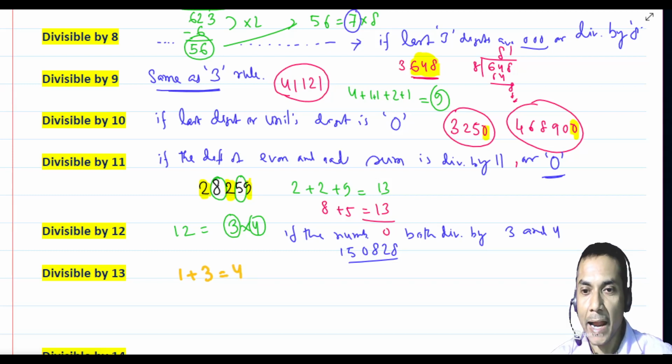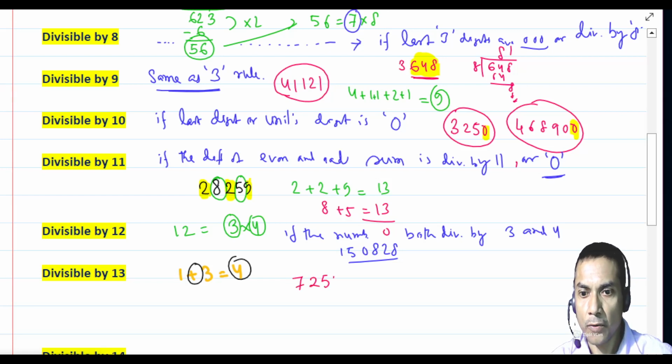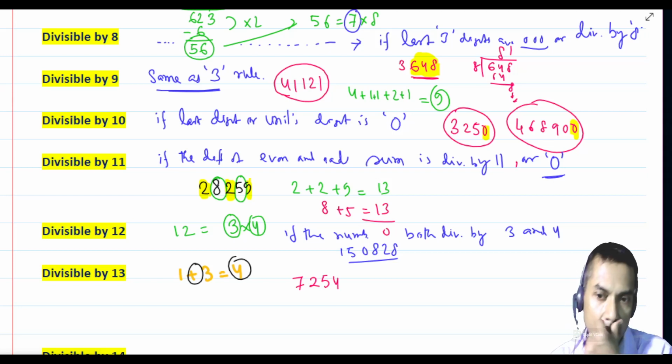So we add 4. Let me give you one example: 7254.